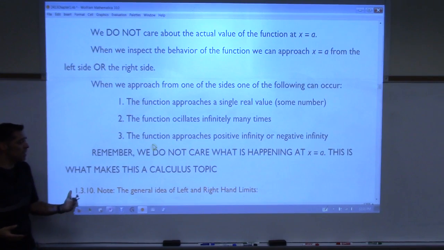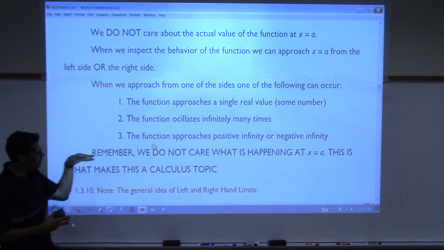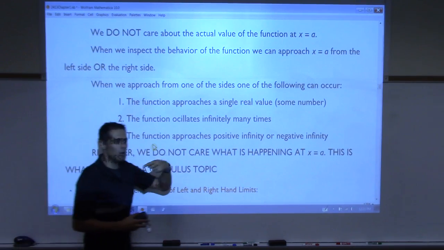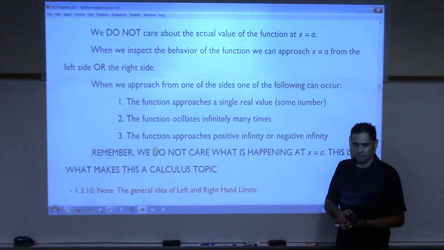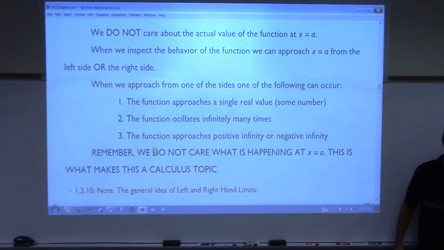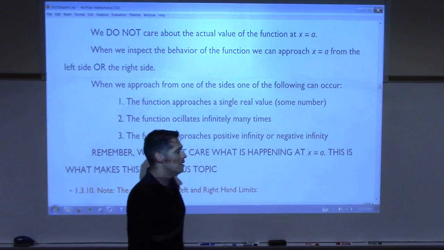That's all that can happen in this class. If you're coming in from the left on a function, one of these three things is going to happen. Same thing if you come in from the right. One of those three things is going to happen. Got it? So is it like a rule of thumb if it oscillates infinitely? That's right. It doesn't exist.